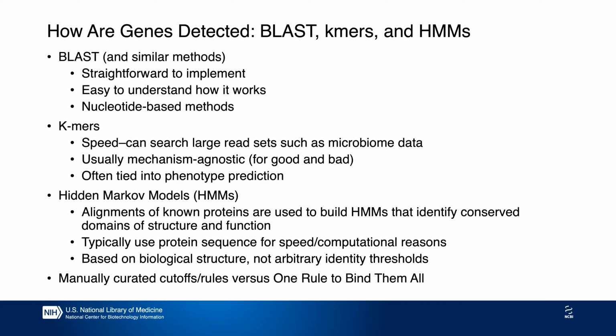For instance, and I'll talk about this in a bit, ResFinder uses just one identity threshold. Other tools may say for this particular gene, we're going to use a higher or lower threshold. That has some advantages and disadvantages. It's obviously a lot easier to figure out, well, there's just one rule. Sometimes you have to go figure out what the rule was if each gene has a slightly different rule.